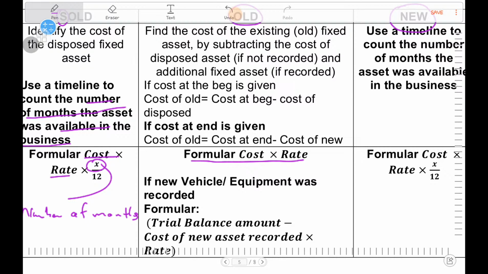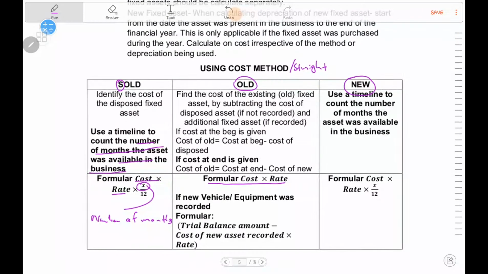Now if it was recorded and we don't have any disposal, then it means the balance that is given to you is the balance at the end. So you have to subtract the one that was recorded. If they are telling you that they purchased something and this was recorded, you have to subtract it so that you can separate between the one that was available at the beginning and the one that is new, so that you can calculate the depreciation.